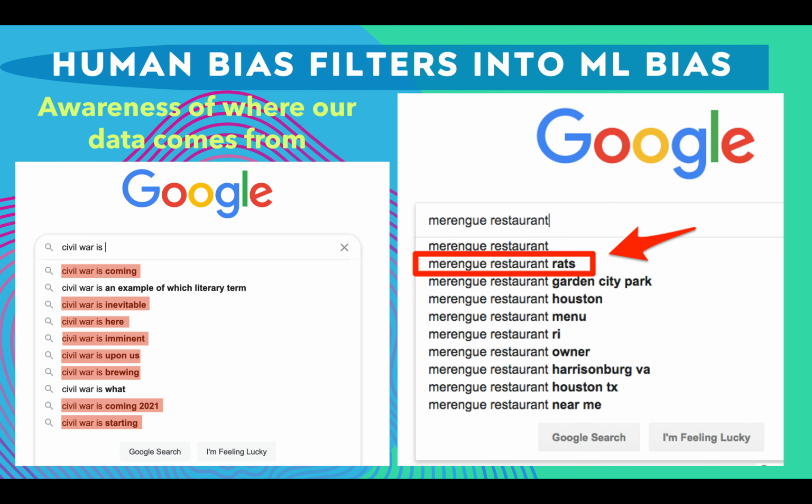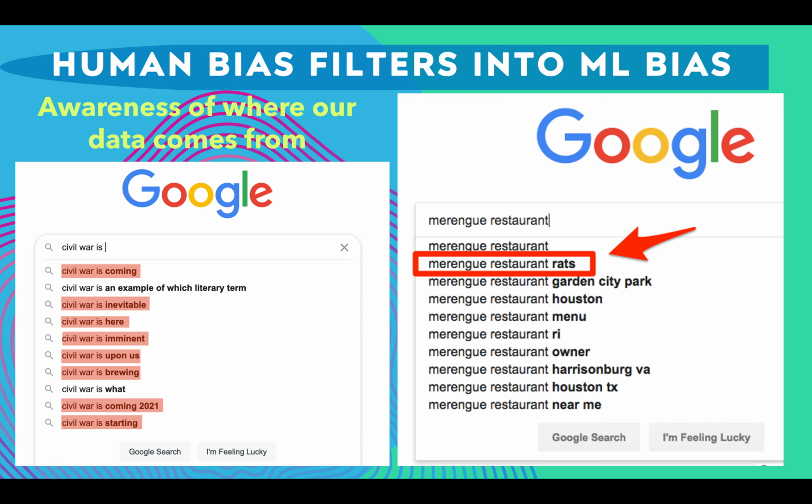Another example. I don't know the whole story behind this. There was a restaurant that had a rat, and a few people searched whether or not there was a rat issue. And now, whenever you type in that restaurant's name, Google automatically finishes with the word rats. I don't know if it was a one-time incident or this restaurant constantly has rats, but either way, it's definitely influenced people that search for the restaurant now, who automatically might assume that rats are there.